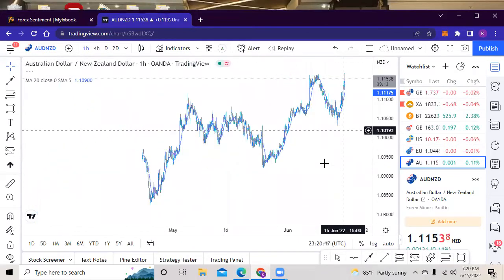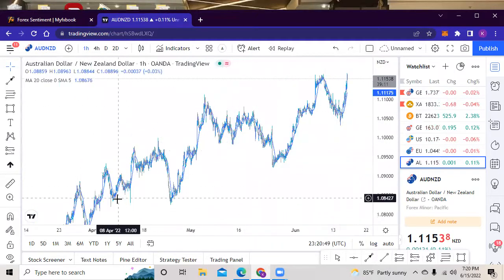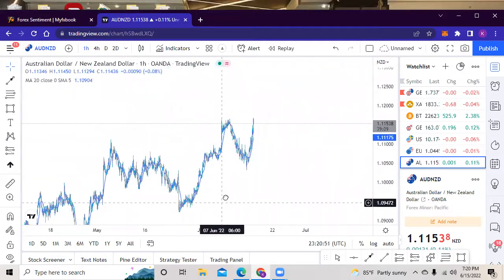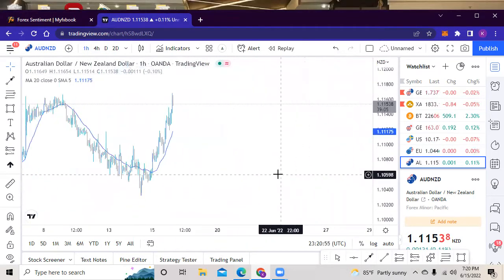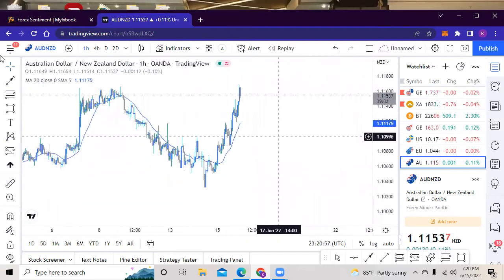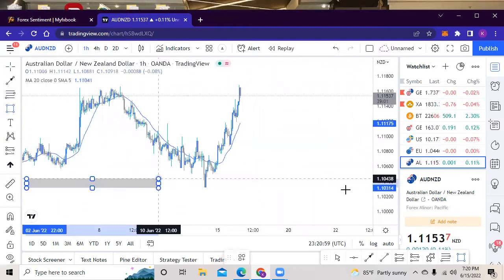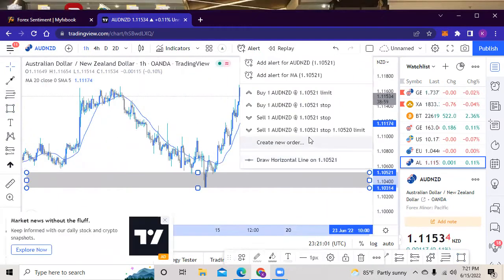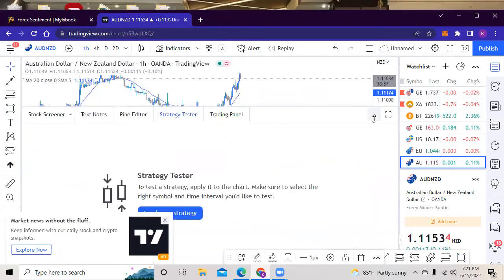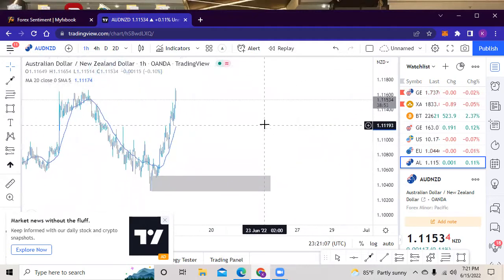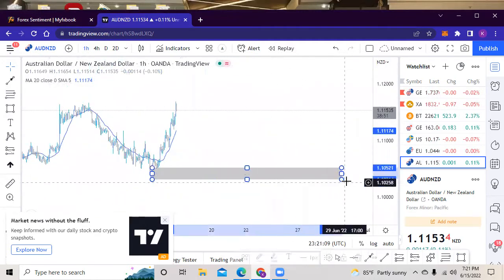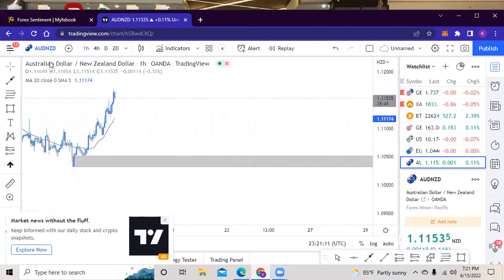Even though the trend is up, of course we're going to look to go long. So we have a point of interest right here, which is an order block. So what we do, we wait for price to come down, tap into this level.